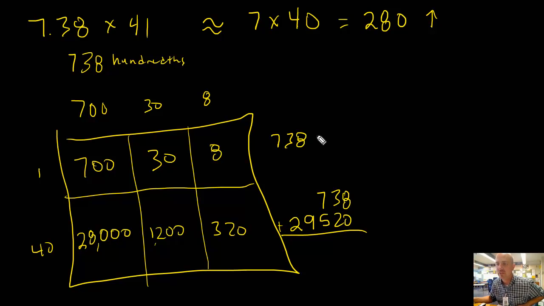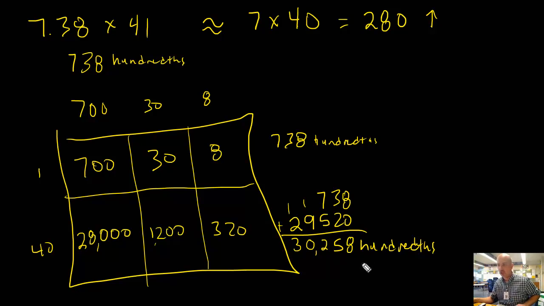Now both of these I have to remember are hundredths, and both of these are also hundredths, so that I'm not losing track of that. 8 and 0 is 8, and 3 and 2 is 5, 7 and 5 is 12, and 9 and 1 is 10, 2 and 1 is 3. So I'm looking at around 30,000. I'm looking at 30,258 hundredths.